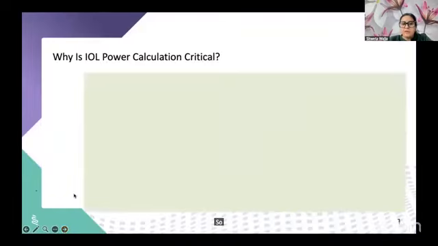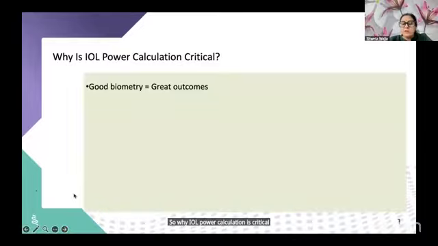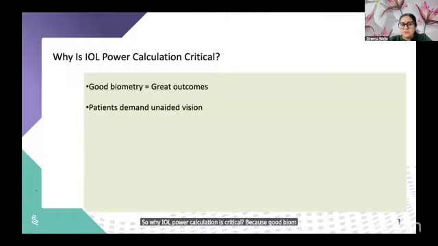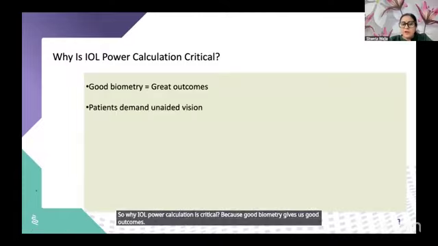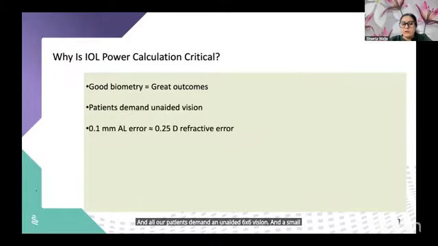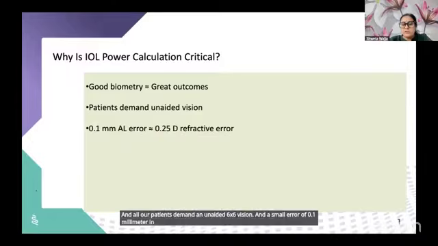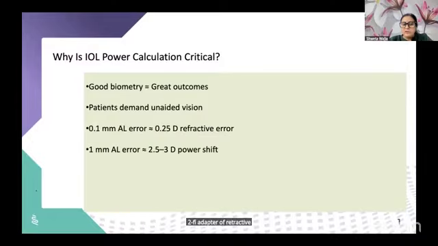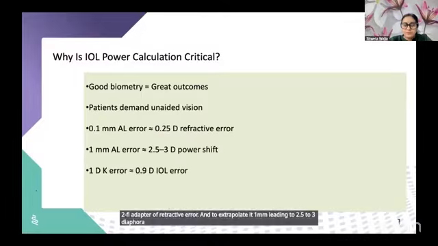So why is IOL power calculation critical? Because good biometry gives us good outcomes, and all our patients demand an unaided 6/6 vision. A small error of 0.1 millimeter in axial length can amount to 0.25 diopter of refractive error, and extrapolated, 1 millimeter leads to a 2.5 to 3 diopter power shift.